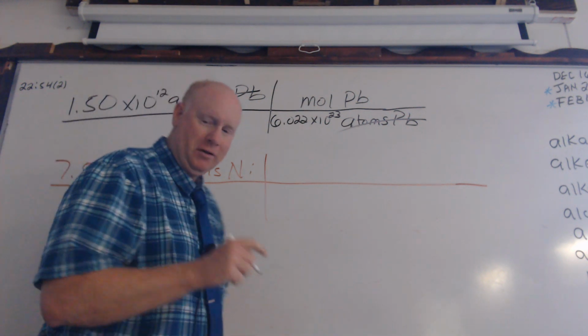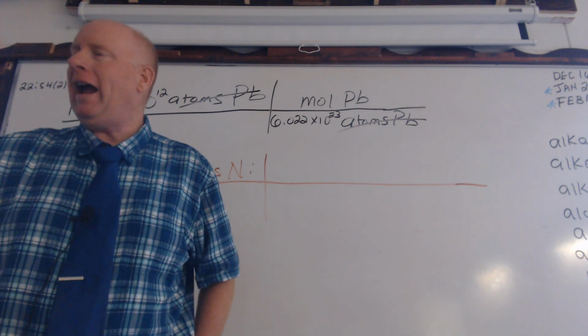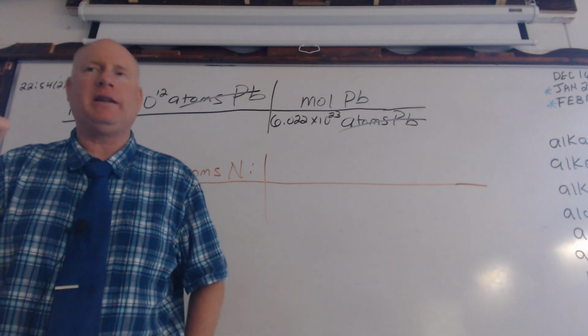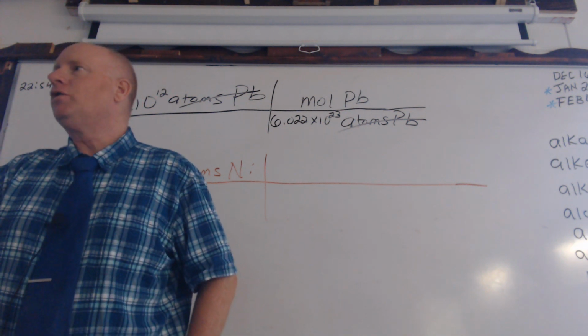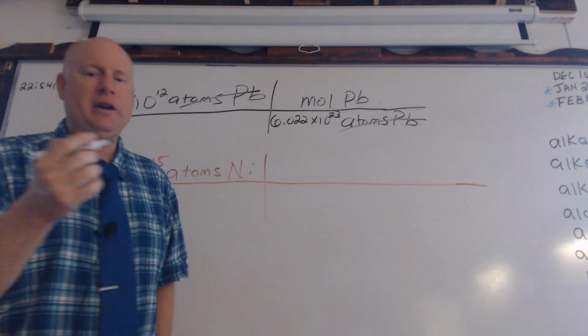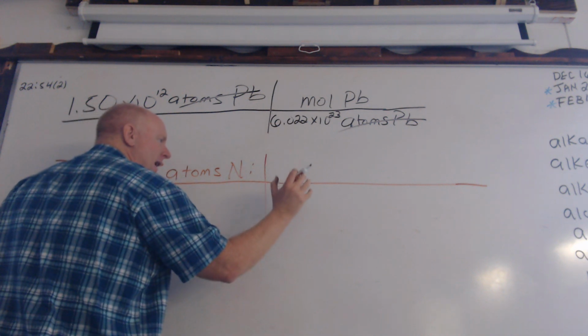Okay, so our conversion factor for atoms and moles is a constant value, just like 9.8 is a constant. So to get rid of the atoms, which constant? Avogadro's number. And does that go on the top or the bottom?